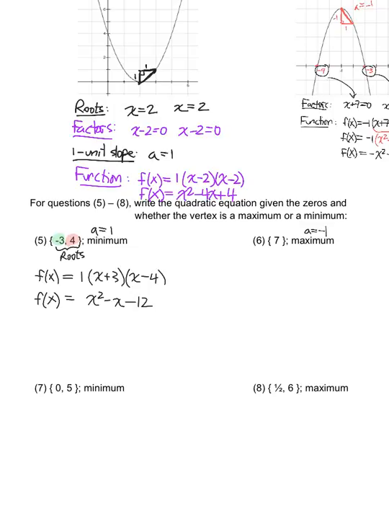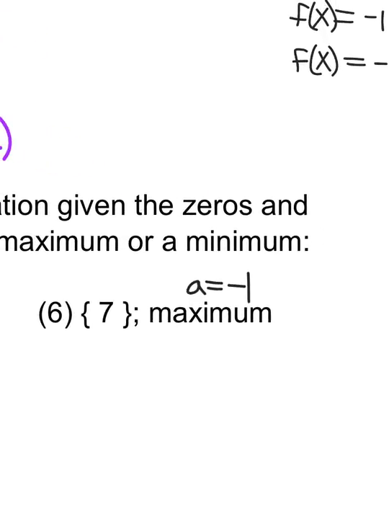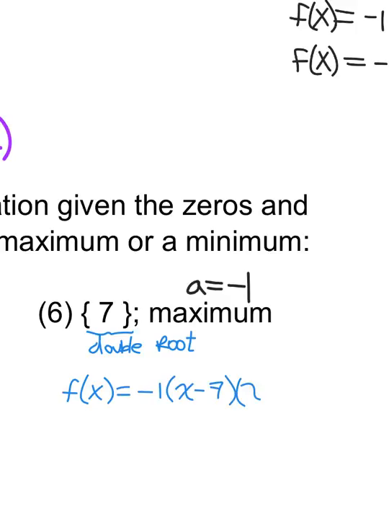And you know, I'm just going to jot these down for the remainder. So we'll have an a equals 1, a equals negative 1. This is a double root. So we're looking at f of x is equal to negative 1 times x minus 7 times x minus 7.